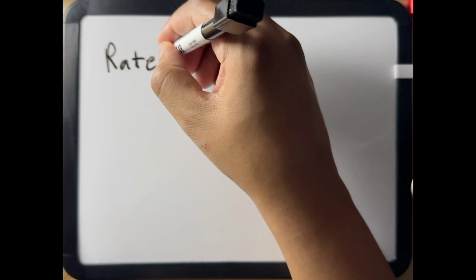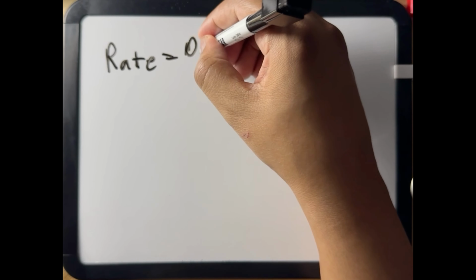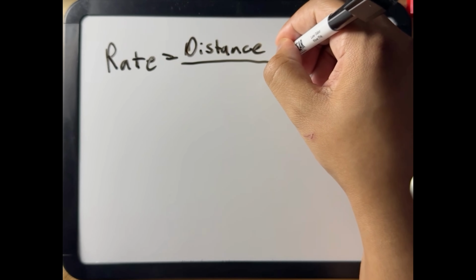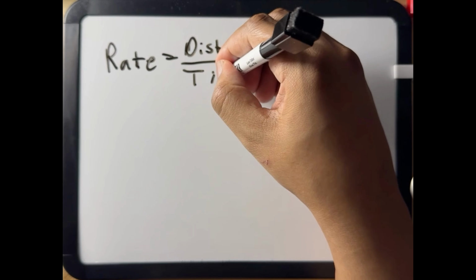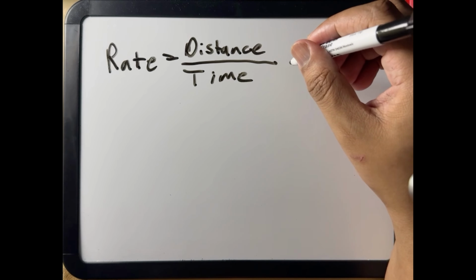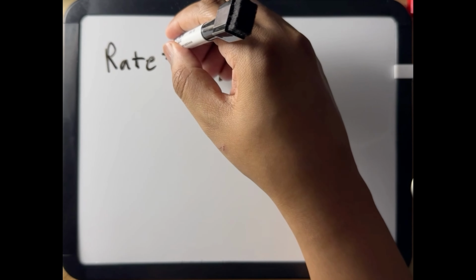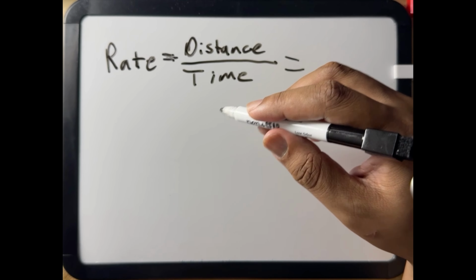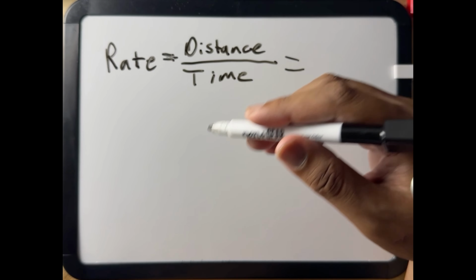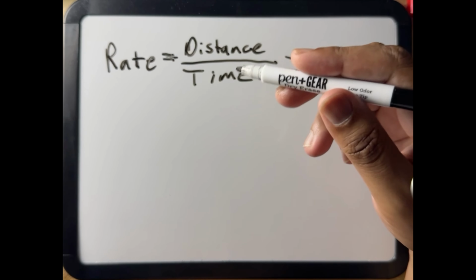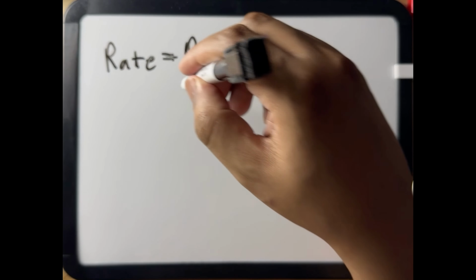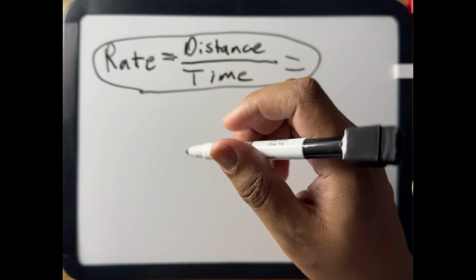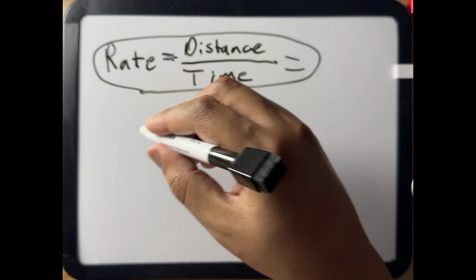So we'll always use this formula. Rate equals distance over time. Whenever you see a problem that talks about the speed, how fast something is traveling, and the distance it takes, you'll probably have to use this formula. So we can set up this formula with the following variables.